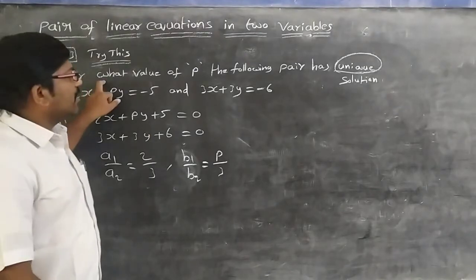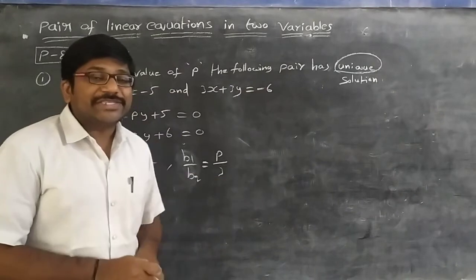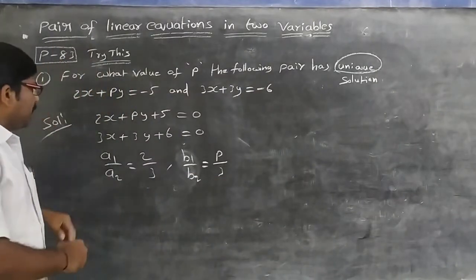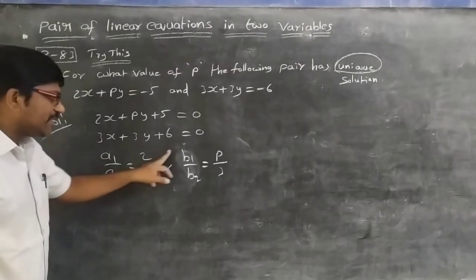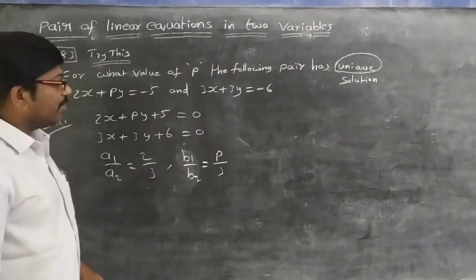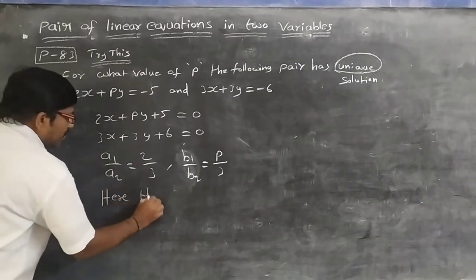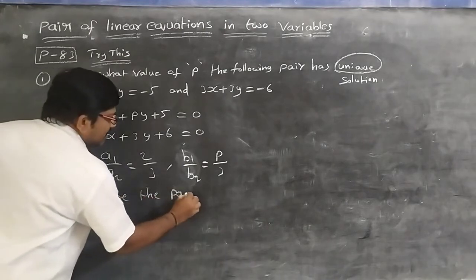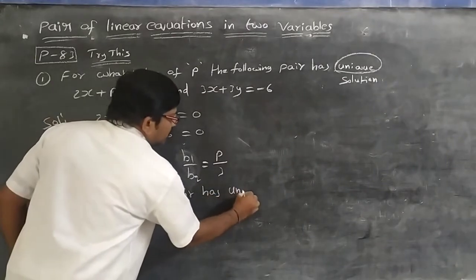So here they are asking for what value of p the following pair has a unique solution. If this pair has a unique solution, a1 by a2 does not equal b1 by b2, right?